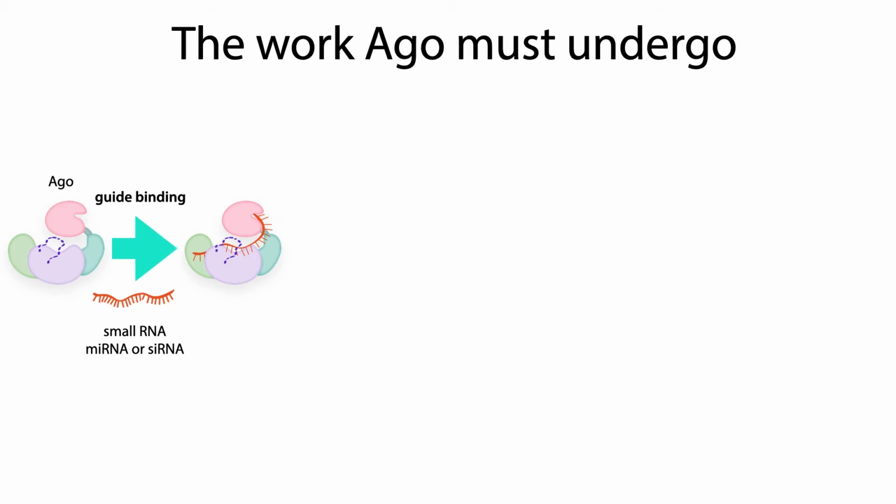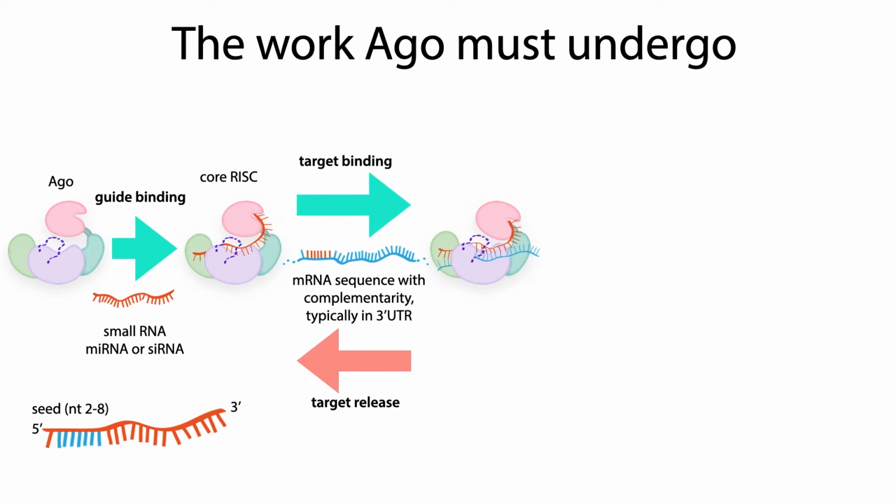By binding to these small RNAs, which can be a microRNA or an siRNA, to form the core RNA-induced silencing complex, or RISC. These small RNAs are about 22 nucleotides long, and at the 5' end is a 6 to 8 nucleotide long seed sequence that allows AGO to use these small RNAs as guides to find and bind to messenger RNA targets that contain complementarity to that seed.